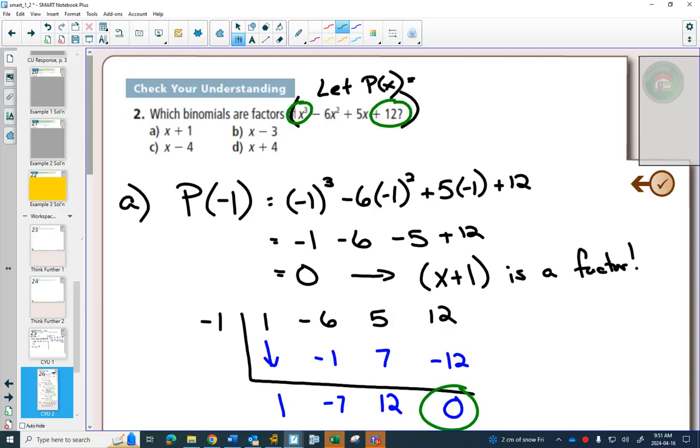So with that in mind, if the last one was x plus 7, you would have to do almost no work at all. Is it going to be a factor? Absolutely not. Why? Because 7 never works out to be 12.